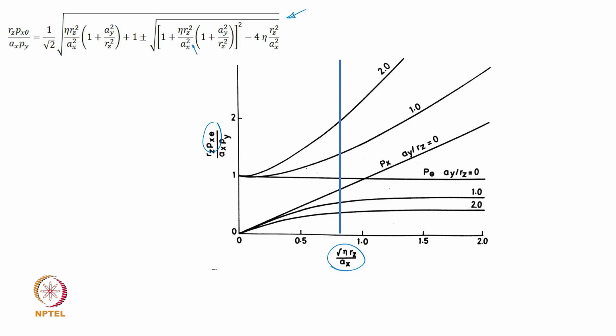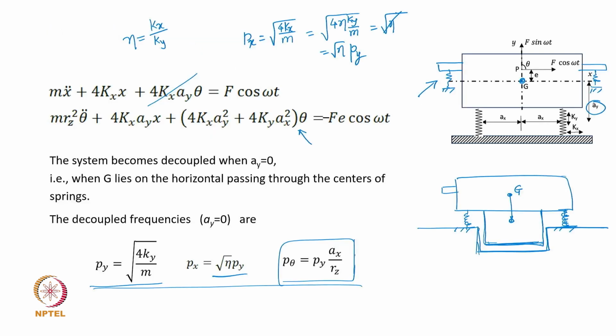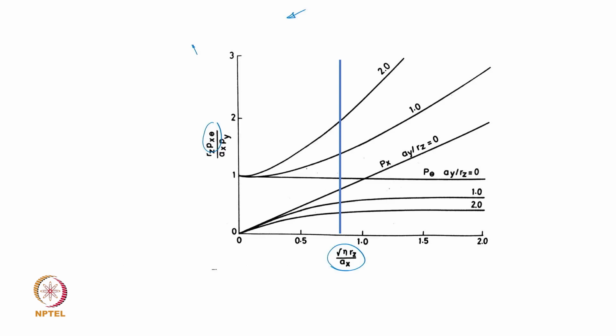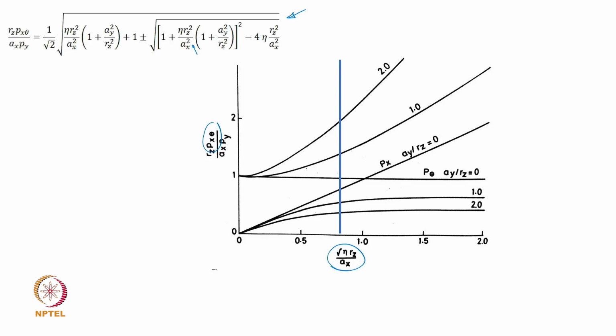Okay, and if you look at this expression, pure p theta is a function of ax by rz. So it makes sense to plot it this way. The plot of coupled pitch and sway motion natural frequency is plotted with respect to a parameter which is shown here. What do you get?